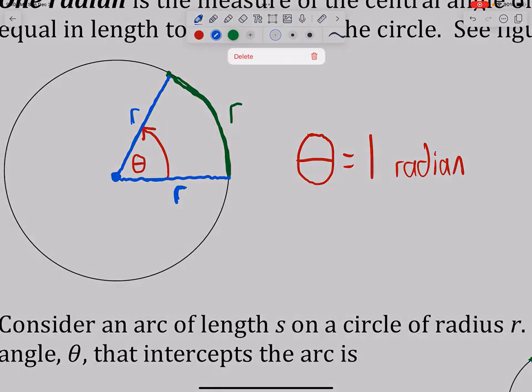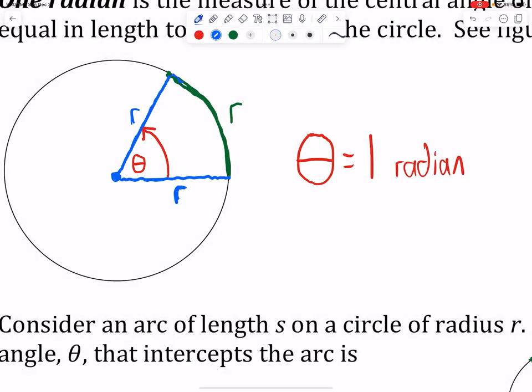If the length of the arc on the outside of your circle in between two rays is equal to the radius, then we say that that angle measurement is 1 radian. So 1 radian represents an angle so that the arc of the circle would equal the radius of the circle.